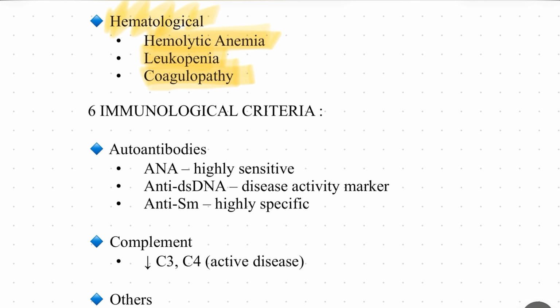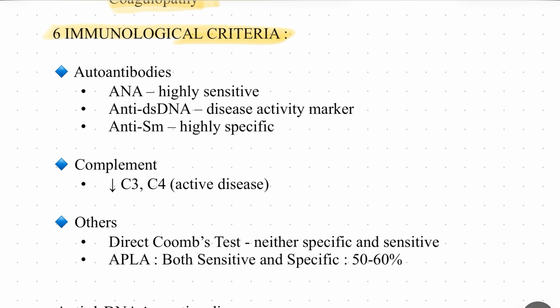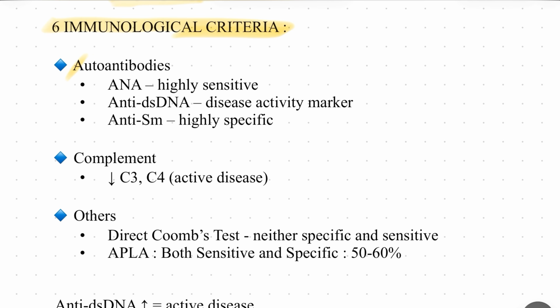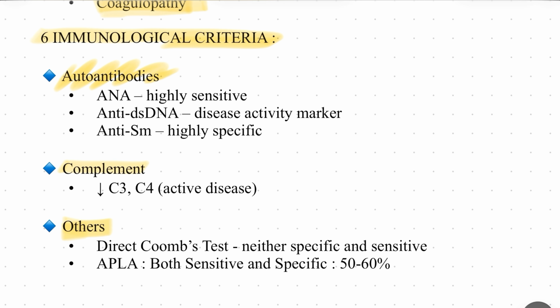Then coming to diagnostic purposes, we have 6 immunological criteria, where mainly we look into 3 autoantibodies, one is complement system related, and then two others. Autoantibody ANA is highly sensitive. Anti-dsDNA is a disease activity marker. Anti-Smith is highly specific, so this is the one we usually prefer.